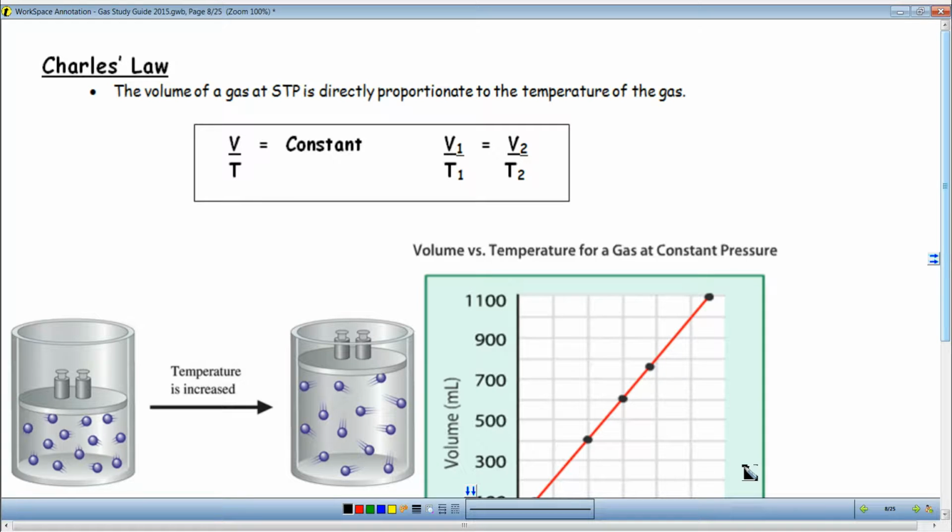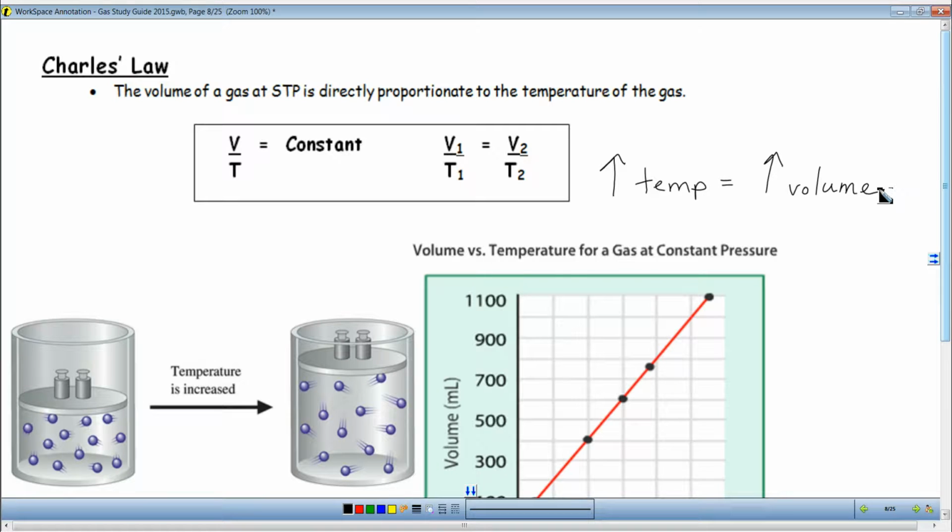Now, in the last video, we mentioned that you're going to see a lot of indirect and directly proportional relationships. A directly proportional relationship looks kind of like this. If I increase the temperature of a gas, I will increase the volume.